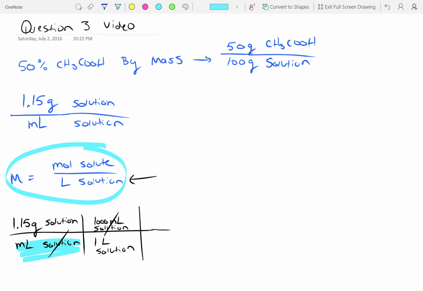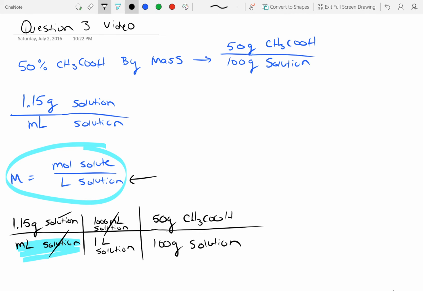So I could use the ratio I used up there, that I have 50 grams of CH3COOH per 100 grams of solution. Like I said, you don't have to use this ratio as long as you use one of the ratios that say we have 50% CH3COOH.